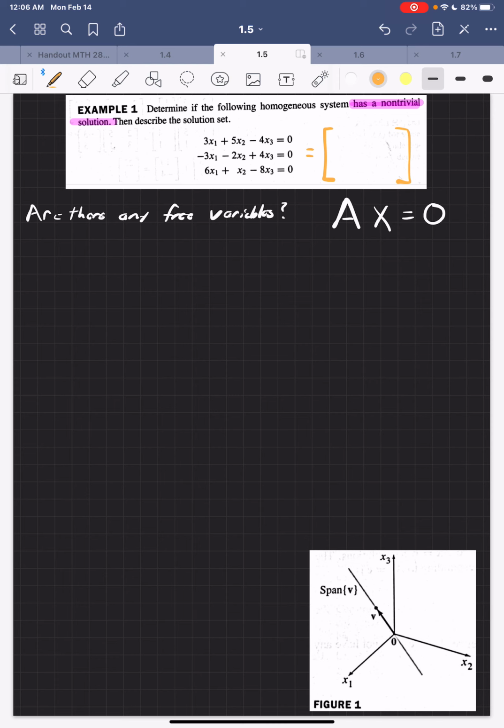So we have 3, -3, 6, 5, -2, 1, -4, 4, -8, and of course you have 0, 0, 0. Notice we could go right from that system to that augmented matrix, which is a 3 by 4 matrix.